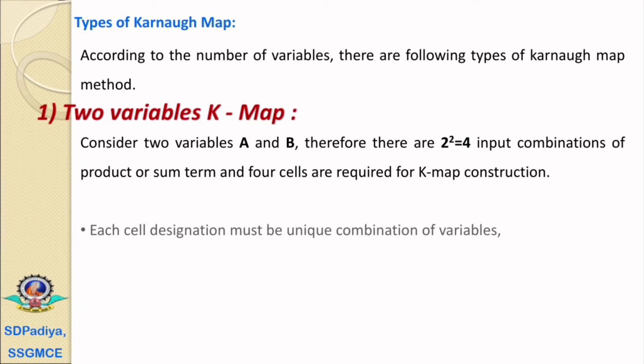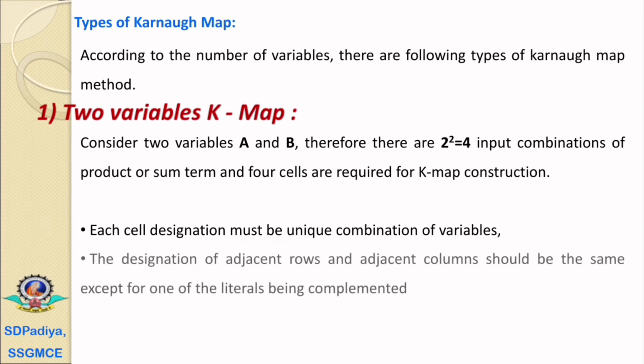Now to construct the K-map, we have to take care of the 3 rules. The first is that each cell designation must be a unique combination of variables. The second, the designation of adjacent rows and adjacent columns should be the same except for one of the literals being complemented.